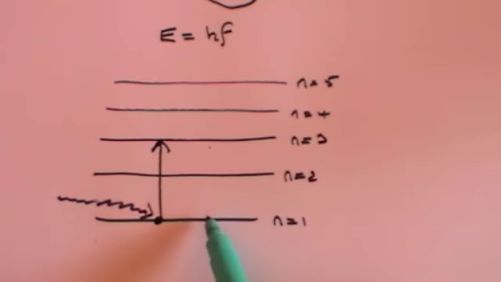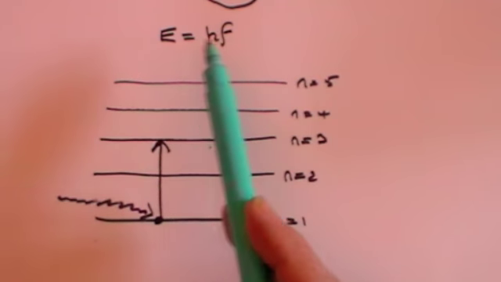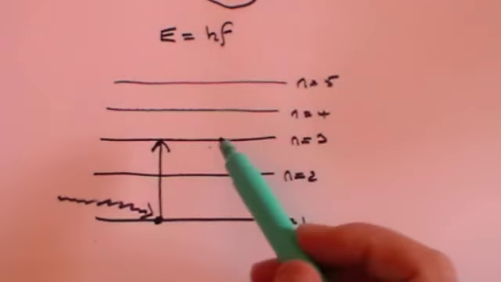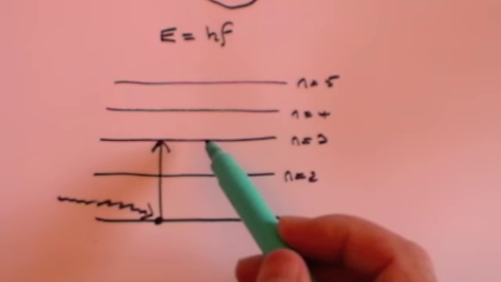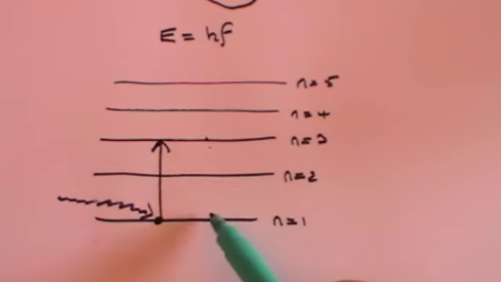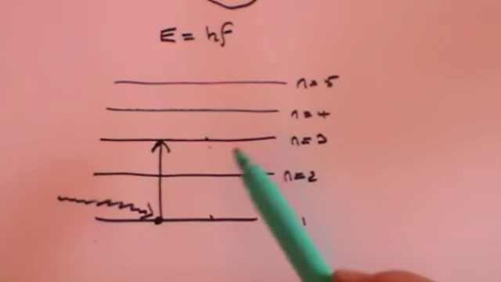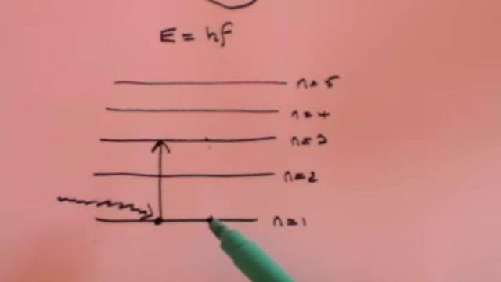Whatever the energy difference is between the two levels, that will determine the frequency of the photon and hence the frequency of the light. And that is why the photons that emerge when an electron falls from this level to this level all have the same frequency, because they all have the same energy difference. And that will be reflected in a line on a visible spectrum.